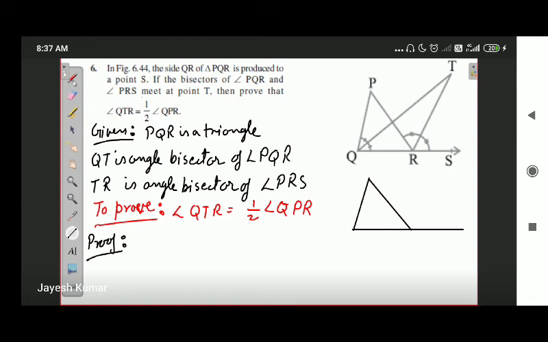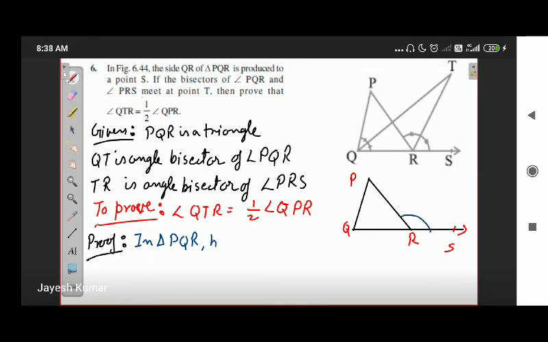So first of all, I am going to talk about triangle PQR, where PRS is the exterior angle. What happens in triangle PQR? This is the exterior angle.